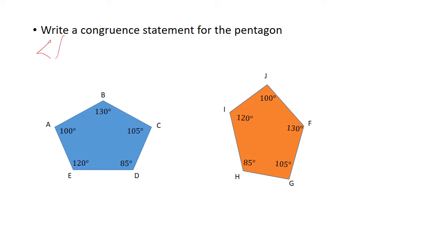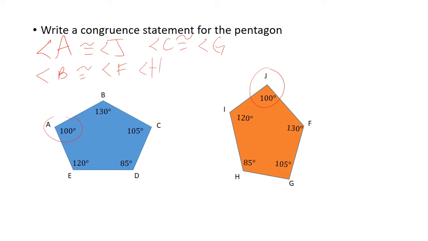Angle A is congruent to, whoops, that's the wrong symbol. It's an equal sign with a squiggly on top. Which angle is the same as angle A in the second one? It's J, right? So angle B is congruent to angle F. Angle C is congruent to angle G.